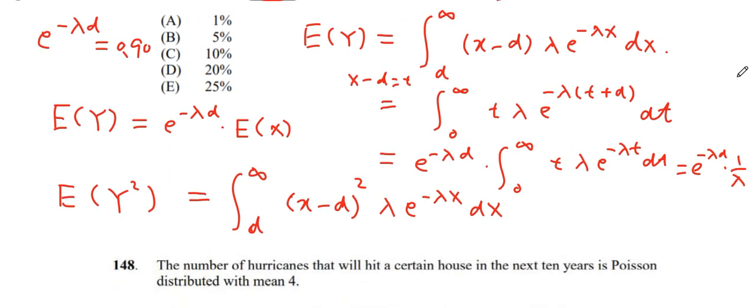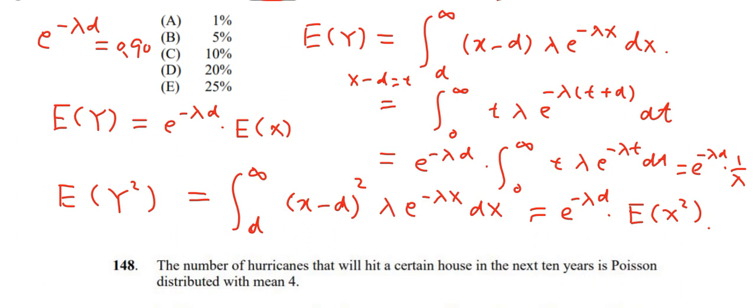Using the same substitution, we find this equals the integral of t squared lambda e^(-lambda t) dt, with e^(-lambda d) taken outside. Then this is just like E[X squared].